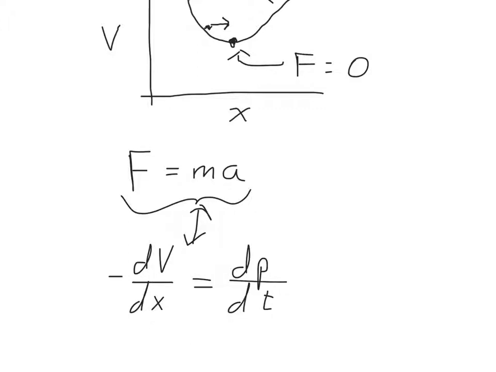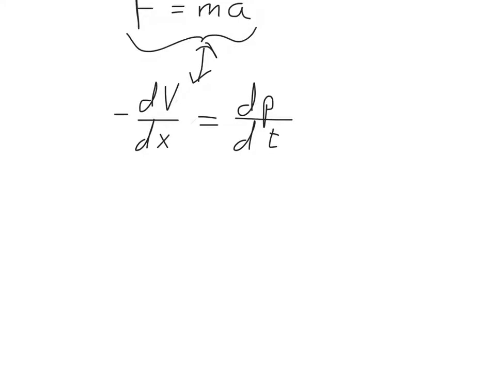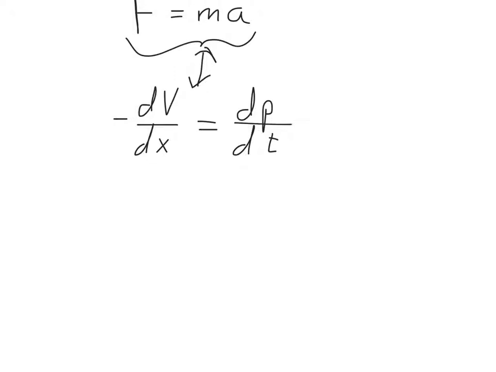As an aside, such forces, the forces that can be thought of as a result of a potential energy function, are said to be conservative forces. And something that I will not show, but you should be able to do, is that when motion comes strictly from these forces, the total energy, E equals T plus V, is conserved.